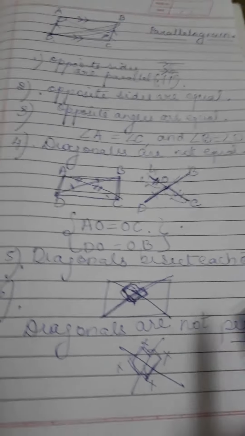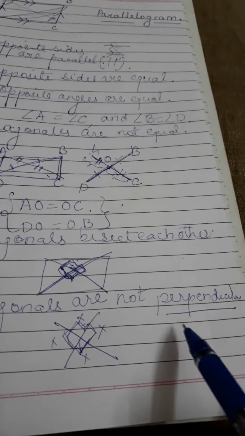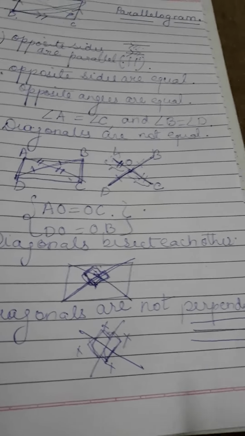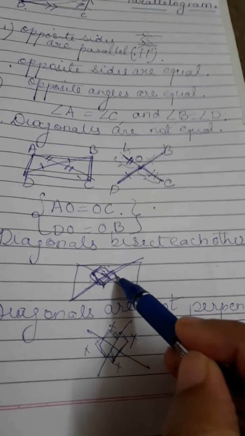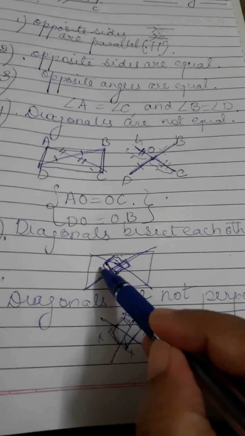Diagonals bisect each other and diagonals are not perpendicular. Perpendicular means they do not make 90 degrees with each other. No, not possible. They will make some other angle.